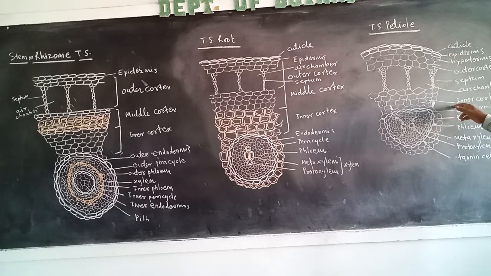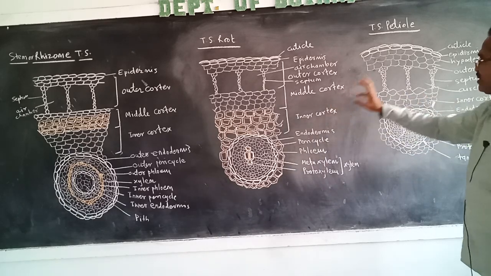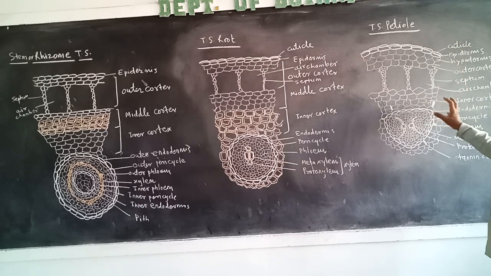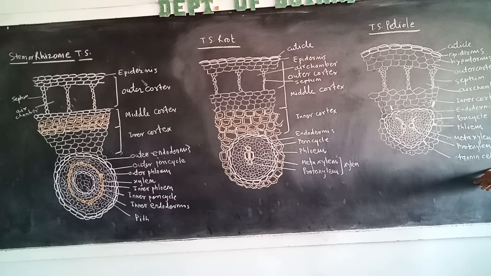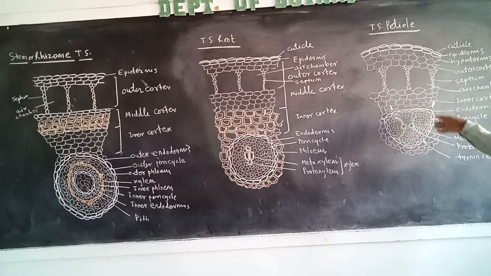The inner cortex is also parenchymatous. Sclerenchymatous tissue is absent in the petiole, while the inner cortex contains some cells with starch grains and some with tannin. The innermost layer is a single-layered endodermis having Casparian strips.